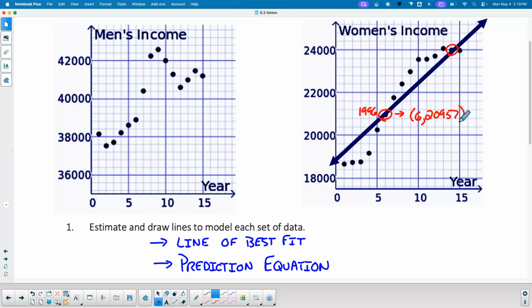This one up here is going to be the year 2004. So it's going to be 14, comma, 23,989.